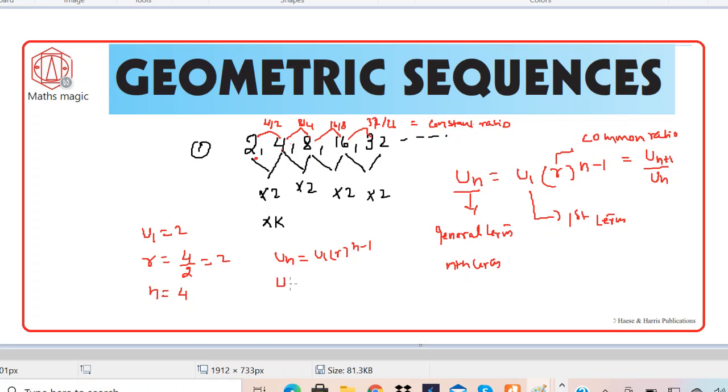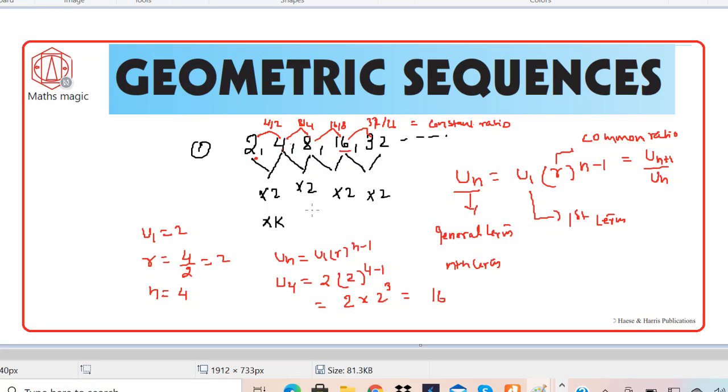So u_4 is 2 times 2 to the power 4 minus 1. Let's simplify this: it's 2 times 2 to the power 3. 2 to the power 3 is 8, times 2 is 16, and you can see we have 16 in the fourth place. This is how you can find any specific term of a geometric sequence using the nth term formula.